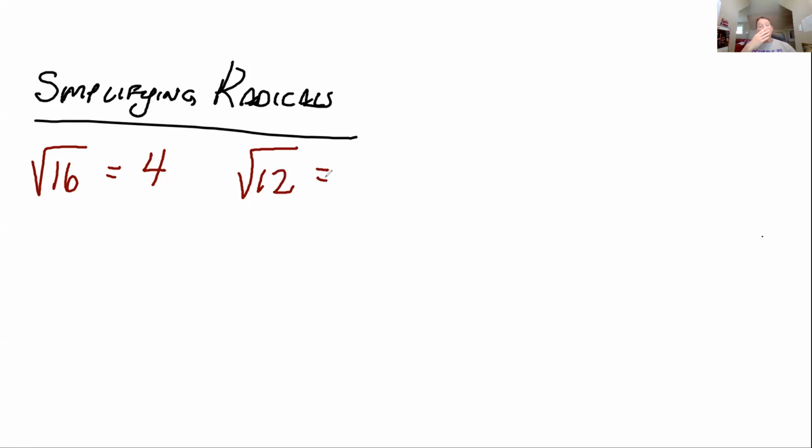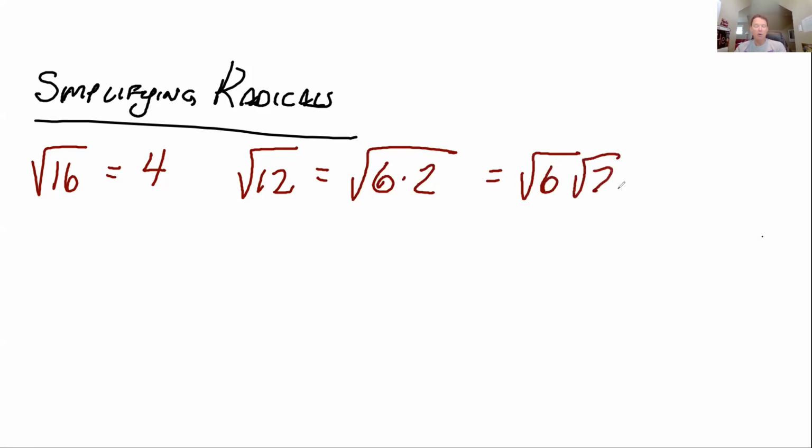Now, here's what we're going to do. I can think of the square root of 12 as the square root of 6 times 2, which I can write as the square root of 6 and the square root of 2. One of those cool properties of square roots or radicals of any kind, actually, is that you can split a radical into 2 parts.